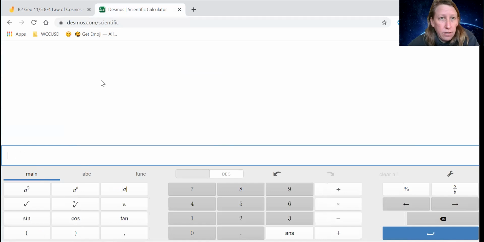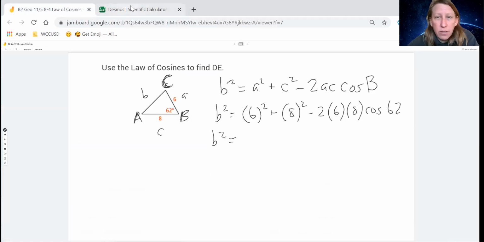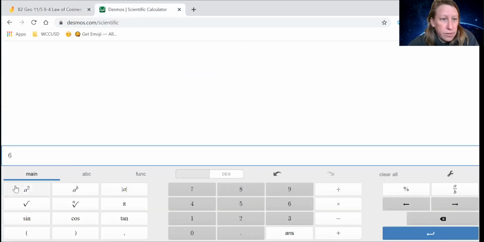Let's go back to main. Already forgot. 6 squared plus 8 squared minus 2 times 6 times 8 times the cosine of a 62-degree angle.